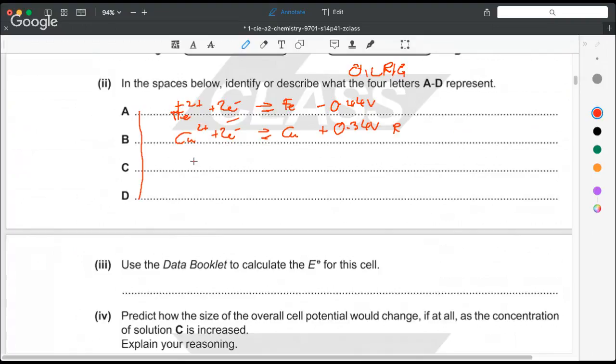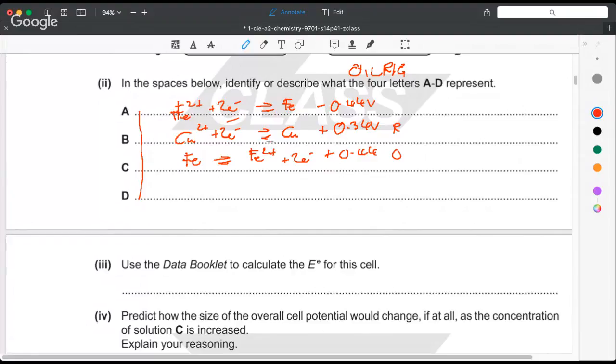It's the negative electrode. Electrons are going to be lost from there. So I'm swapping that around to look like this. And because I've swapped it around, then I have to change the sign of the standard electrode potential as well. And that is the oxidation, all right?